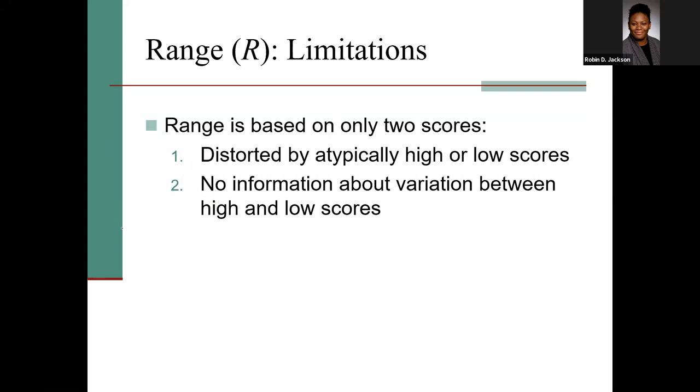And this is particularly the case when there are extremely high or extremely low scores in a distribution. I'm going to demonstrate this for you right now. What ends up happening is, if you have an extremely high or an extremely low score, it can lead to an exaggeration of the amount of dispersion in a distribution.